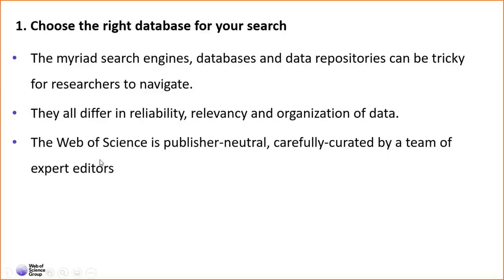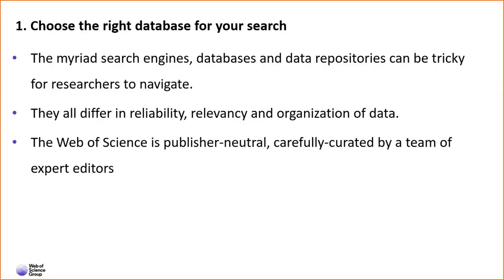Web of Science, that's the topic of today. We're going to speak about Web of Science. One key difference with other platforms is that we publish in neutral. So Clarivate Analytics is not a publisher. What you find in the Web of Science has been published in a journal by a publisher. The publisher submitted the journal for indexation in the Web of Science, and then we apply a journal selection process, which is very strict, the most strict journal selection process.